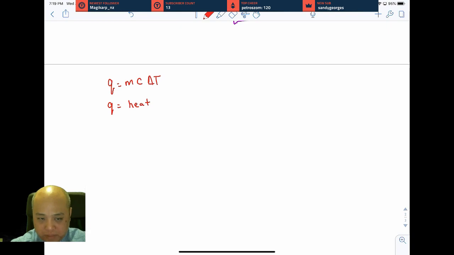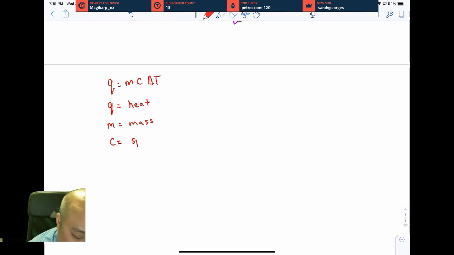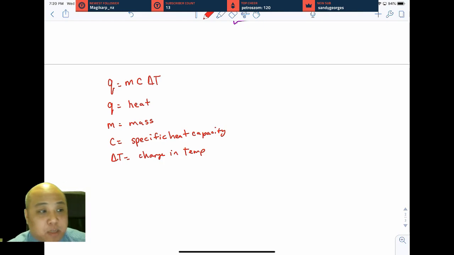Q is specific for each reaction that you're doing. Okay, m is the mass of the substance. c is the specific heat capacity. And delta T is the change in temperature.